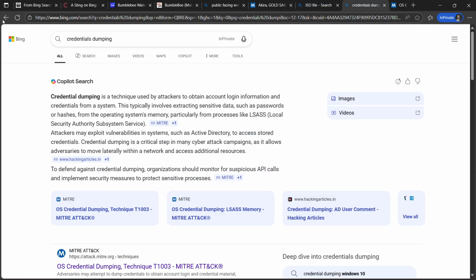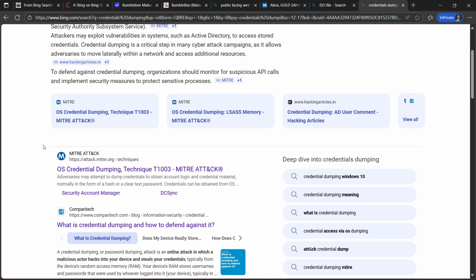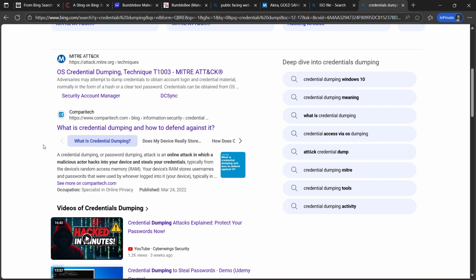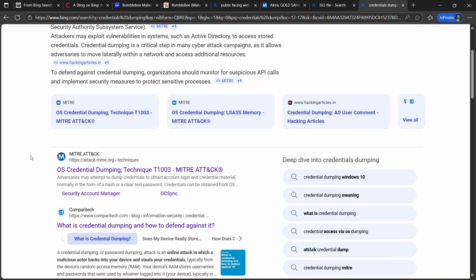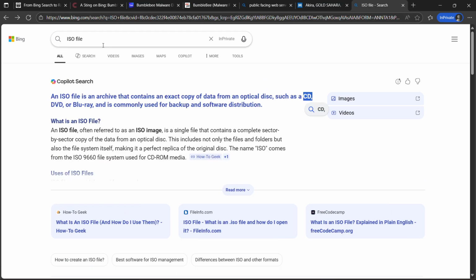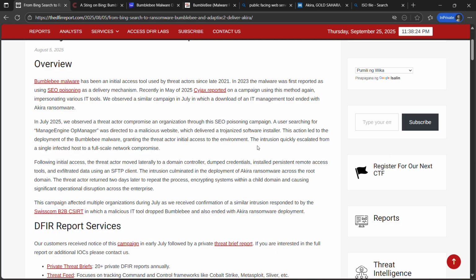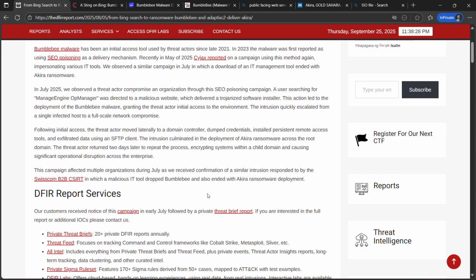What does that mean though? Password dumping is an attack in which a malicious actor hacks into devices. Oh, okay, that makes sense. So it basically steals your credentials to perform lateral movement. So what he did is he looked for credentials, stole those credentials in order to move laterally.